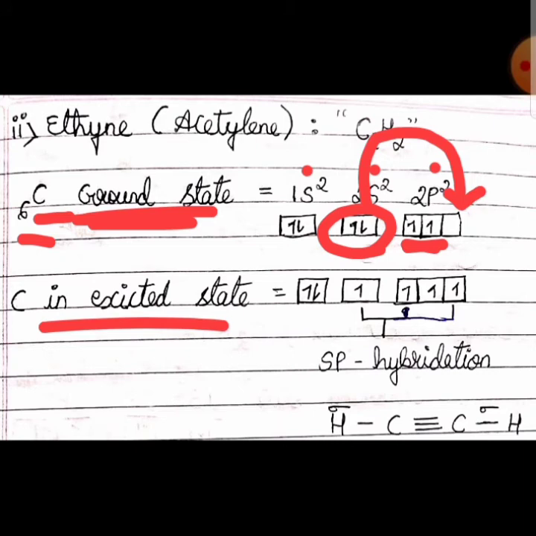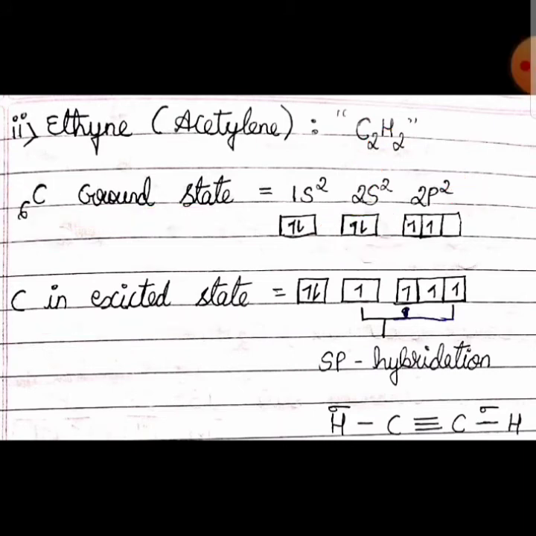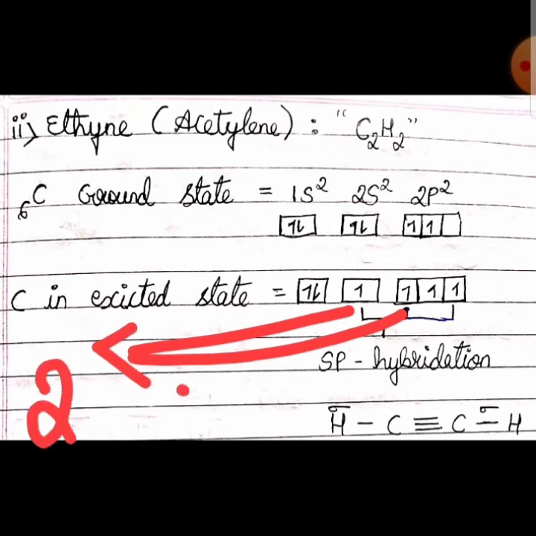So in the excited state of carbon you can find 4 unpaired electrons and the electronic configuration is 1s2, 2s1, 2px1, 2py1, 2pz1, that is 1 in s and 3 in p orbitals. So 1 s orbital and 1 p orbital undergo hybridization to form 2 sp hybrid orbitals.